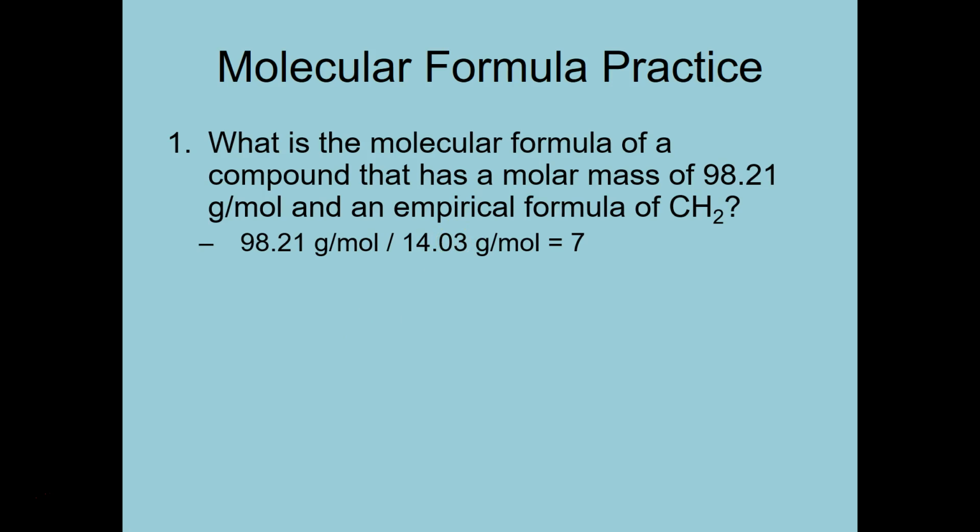Then we're going to divide it by the molar mass that we were given in the problem, 98.21, and that works out to 7. So that means we're going to multiply our entire empirical formula by 7, so C7H14.